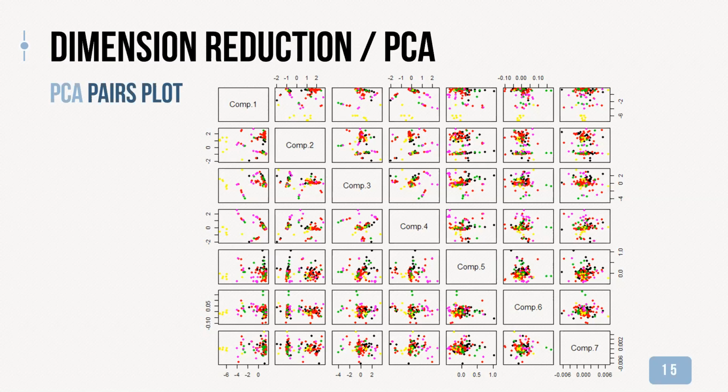Because of 7 features, we got 7 principal component axes. And clearly from this pairwise PCA plot, the yellow, the type 7 glass, can be separated easily, even by a single dimension, PC1.